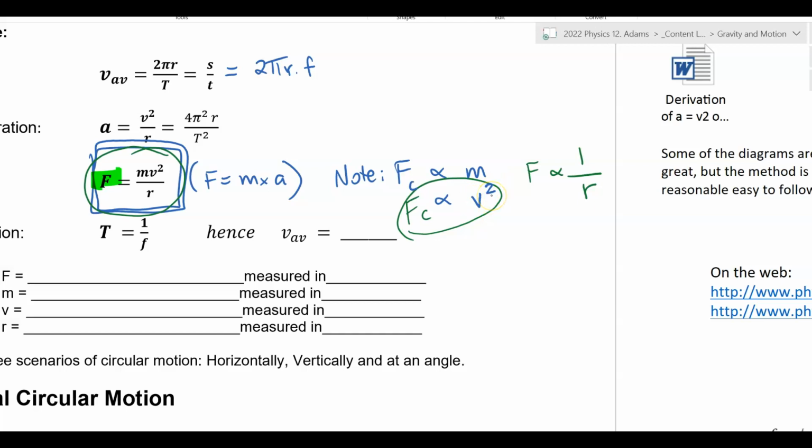And that's a significant result: if you want to double your tangential velocity, you need 4 times your centripetal force. So things like racetracks, anything spinning, obviously has implications there.